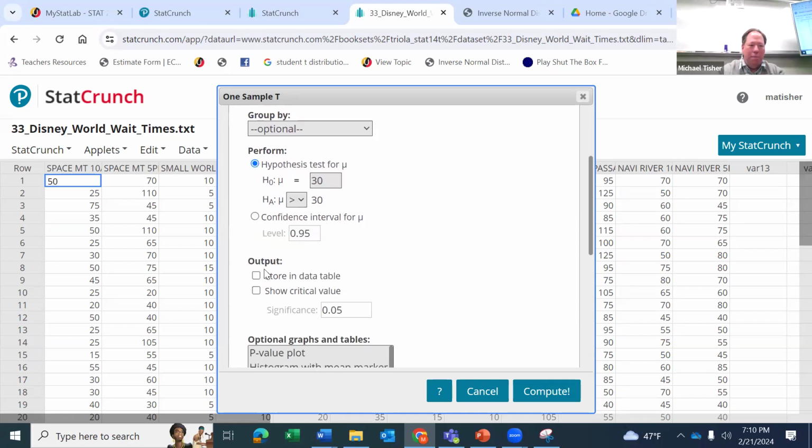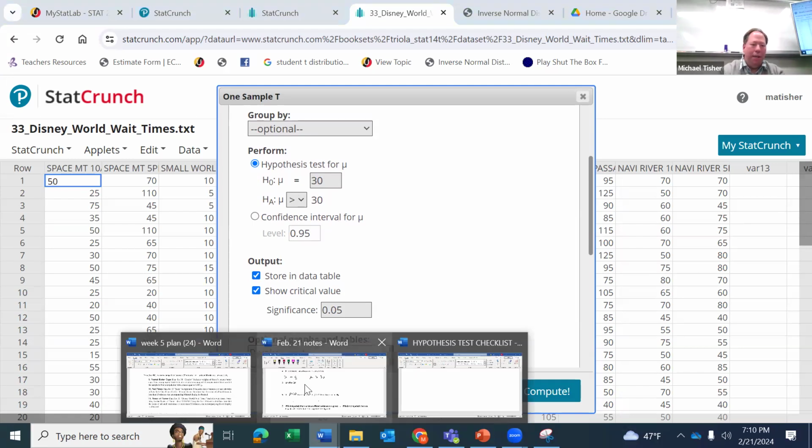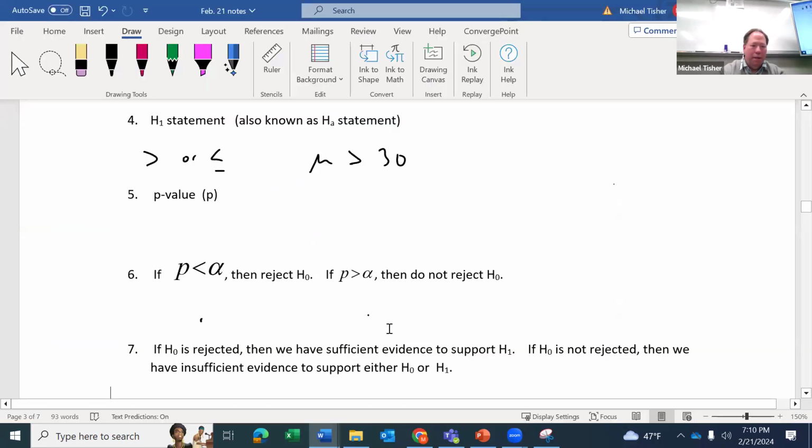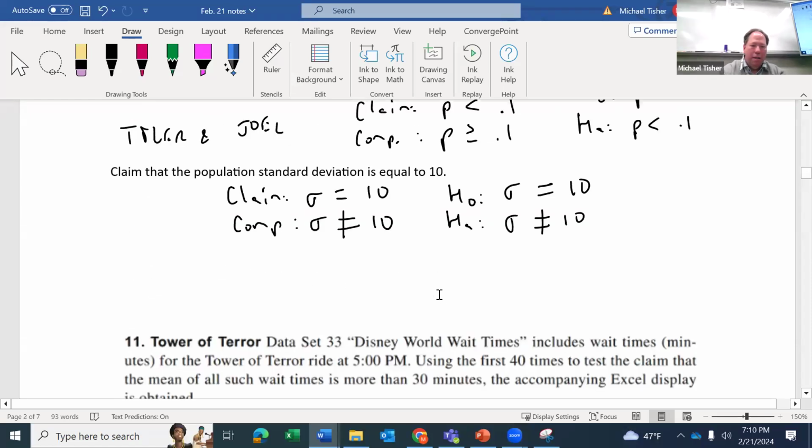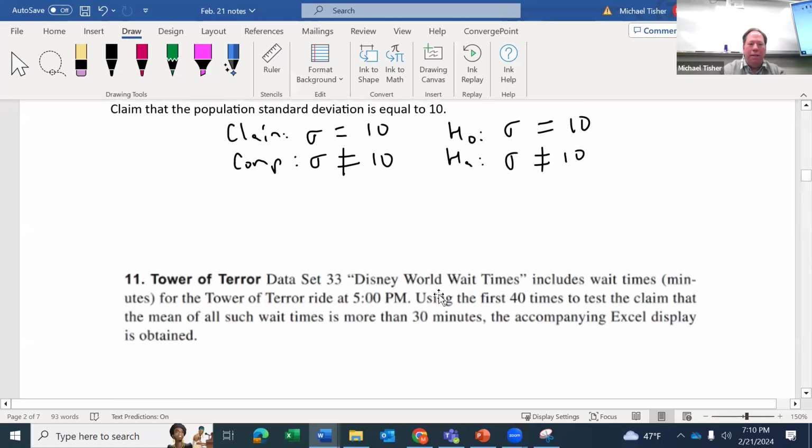We can store a data table. We can show critical value. And significance level. What's the significance level? It should always be given. Looks like it doesn't give us that.